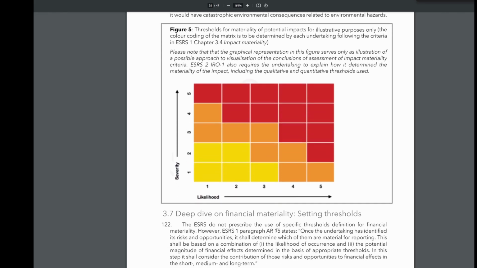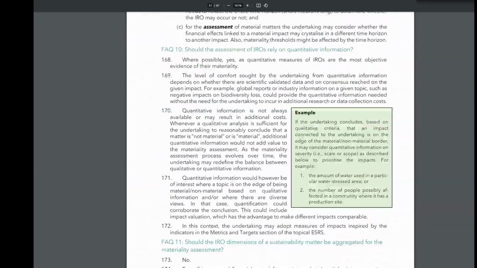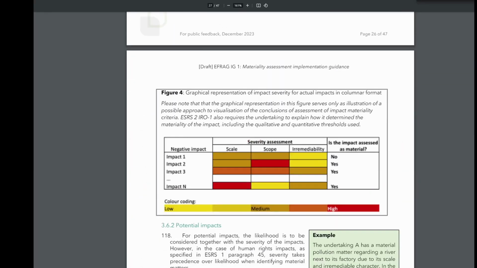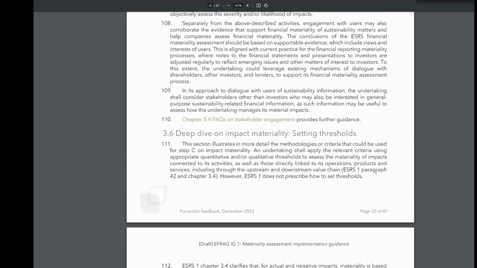So, my point here is that it is possible to do some visualizations of some of the characteristics within a double materiality assessment. Yes, that is possible, potentially helpful, but it is only mentioned once, this kind of matrix, in the entire guidance paper, and it is not in the context of representing the results of the assessment.